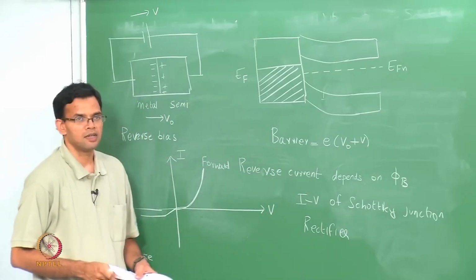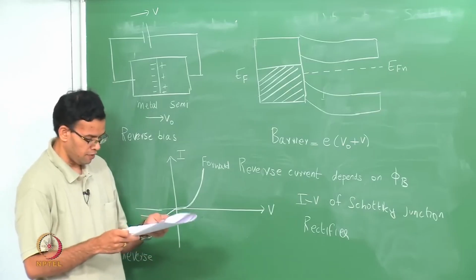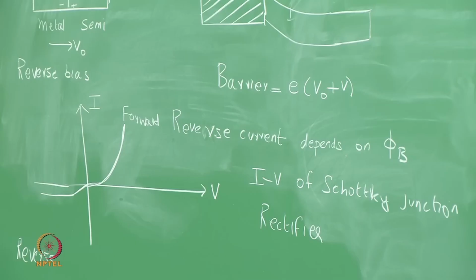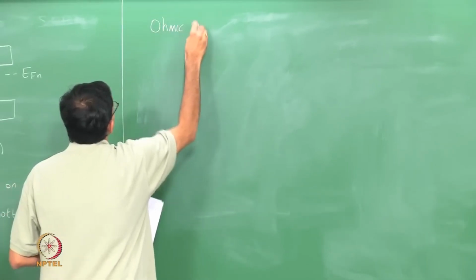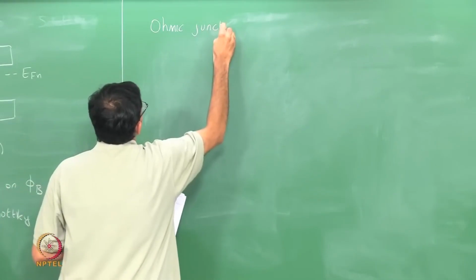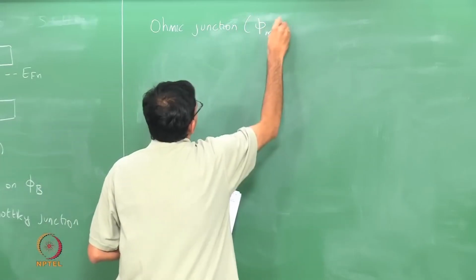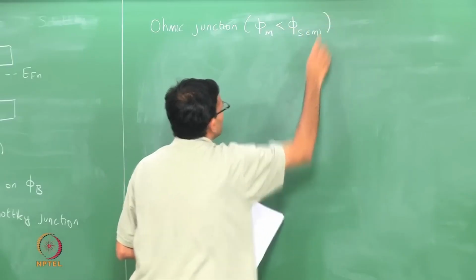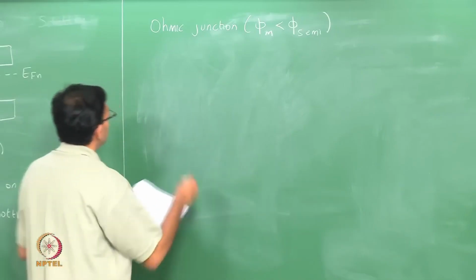So let us next consider the ohmic junction, where the work function of the metal is smaller than the work function of the semiconductor. So phi m is smaller than phi of the semiconductor, and we will use the same n-type semiconductor as an example.